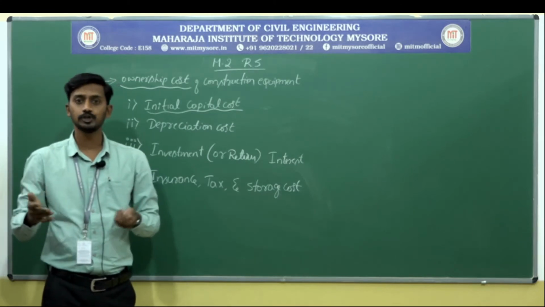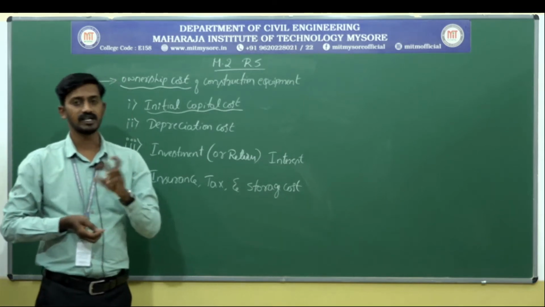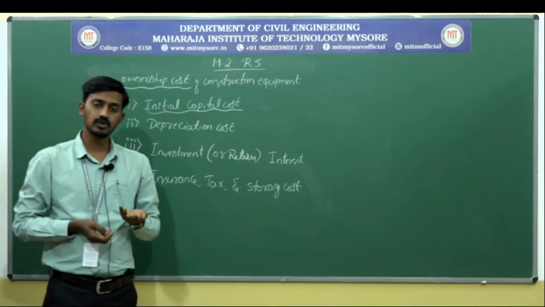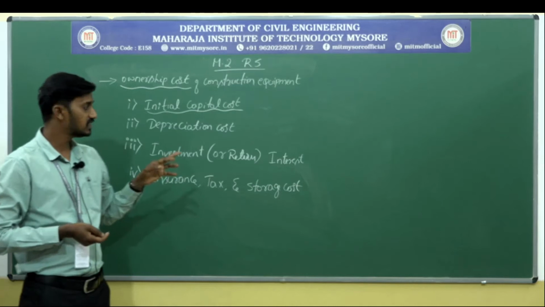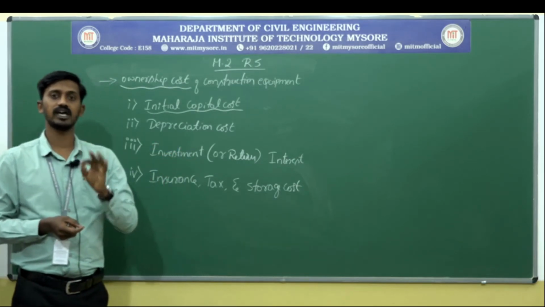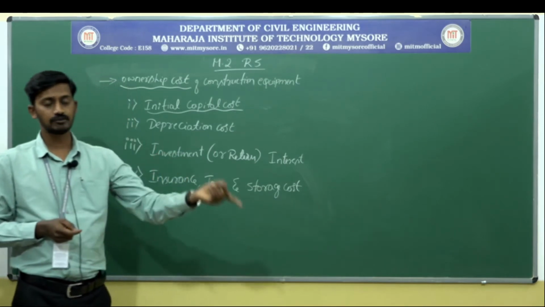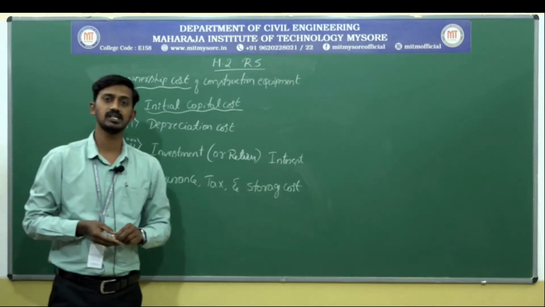You need to do certain assembling of that particular equipment, and once the assembling is done, you need to do certain erection works for certain different equipments. So, considering the point when the equipment is ready to work, everything from the factory till that point is considered as initial capital cost.